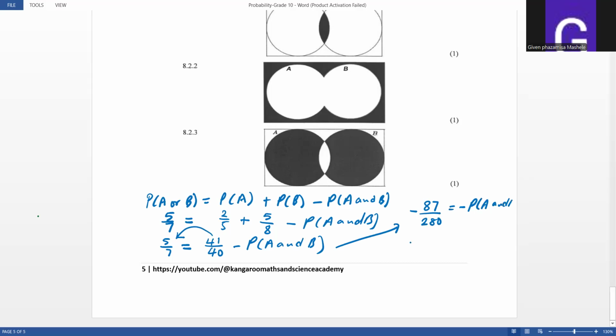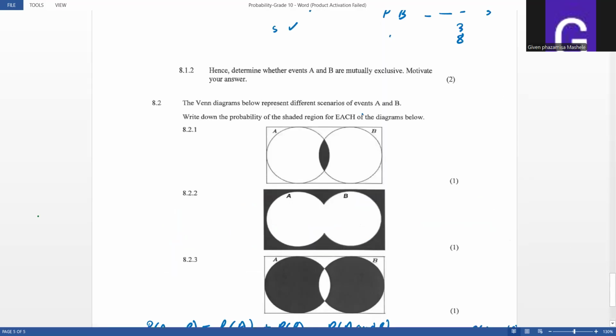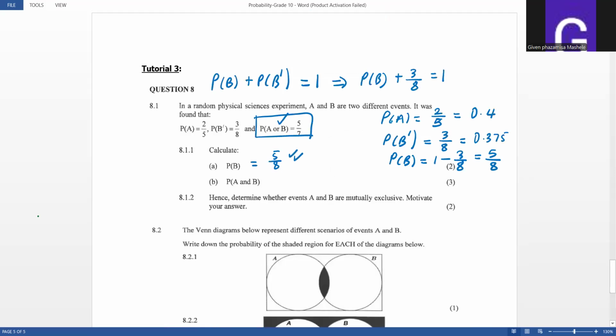So the probability of A and B would be 0.31. I believe you're following.